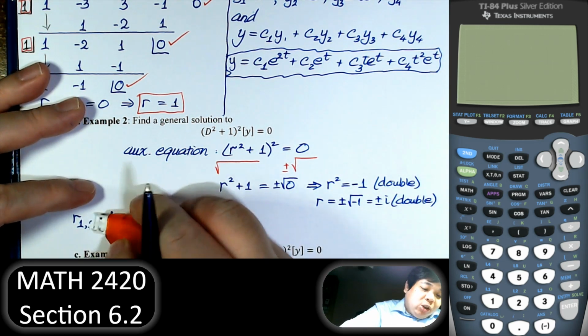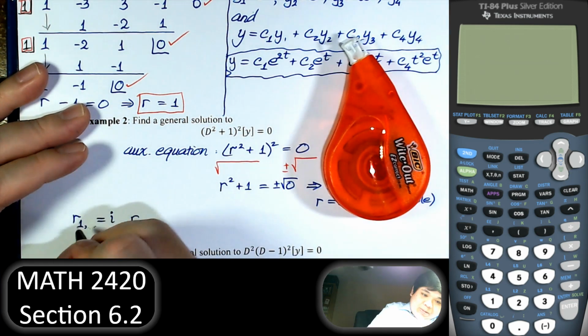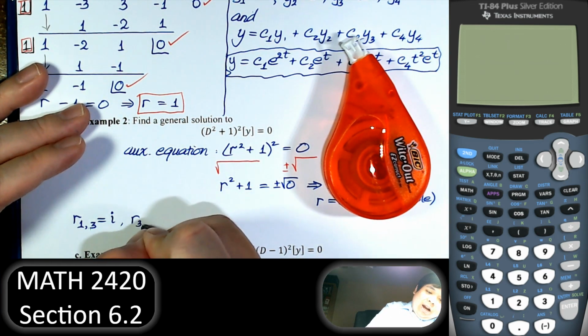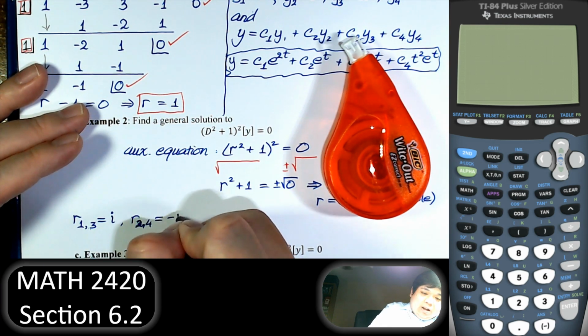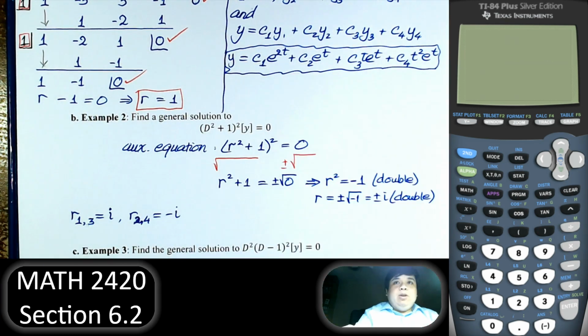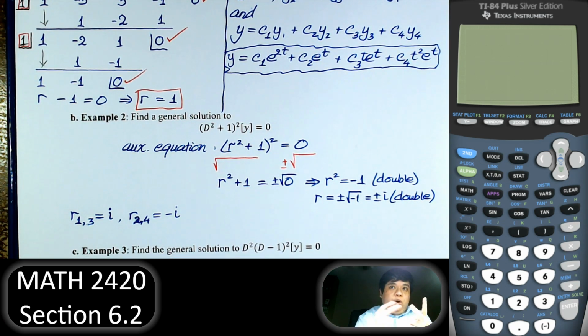Right, let's say r1 and r3 are i, and r2 and r4 are negative i. So if i is a double root, negative i is a double root. Together, double and double, that's four roots. So we have it like that.